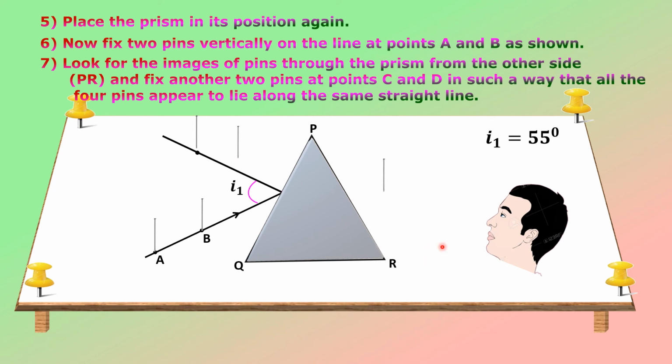One pin is fixed, the other is fixed. That means all the four pins appear to lie along the same straight line. These are the images of these two pins.